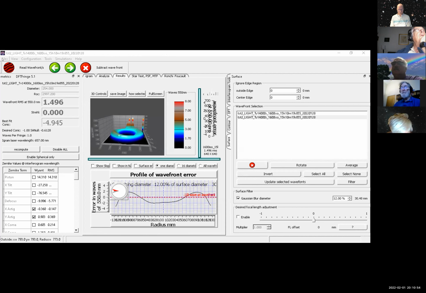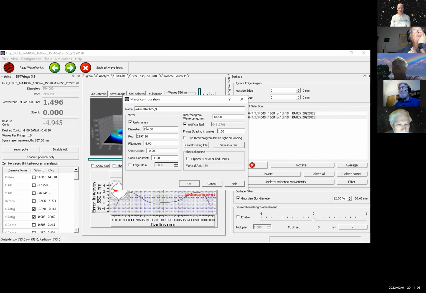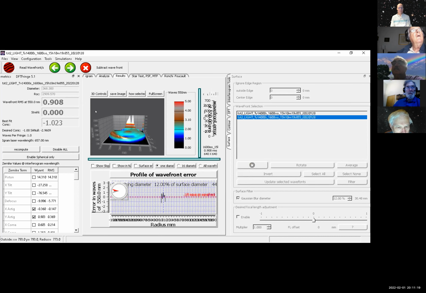Where are the videos located, Mike? It's from his website. Let's see here, tools, configuration, mirror. I need to make this 14.5 inch, 14.5, 3.95. Okay, so there we go.